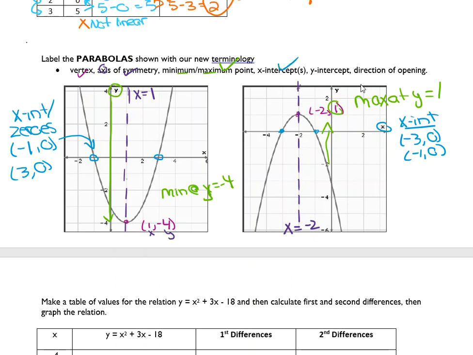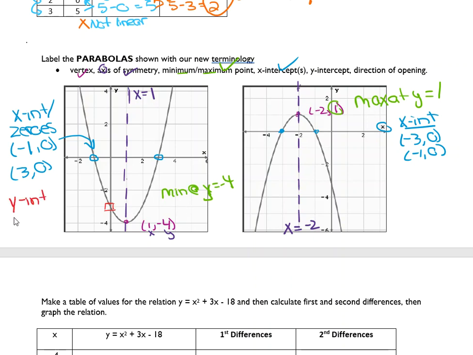X-intercepts are done. How about the y-intercept? The y-intercept is where the graph crosses the y-axis. I've kind of written all over this, so I'm going to erase this green line here, and I'll erase this one. So here's my y-axis right here. Where does my parabola cross the y-axis? It crosses right here. That's my y-intercept. Again, it's a coordinate.